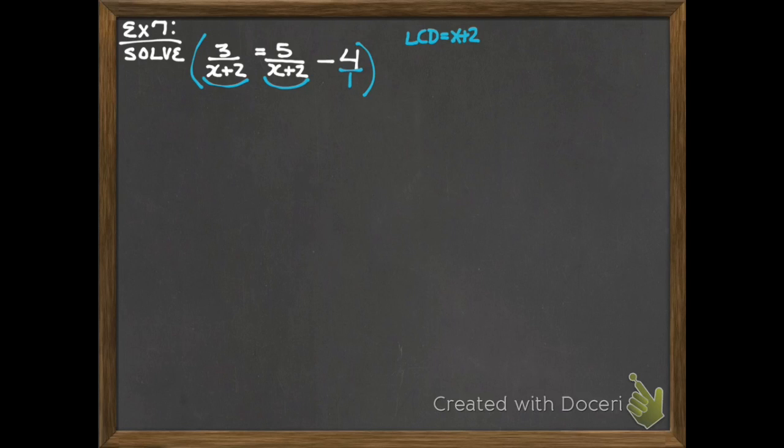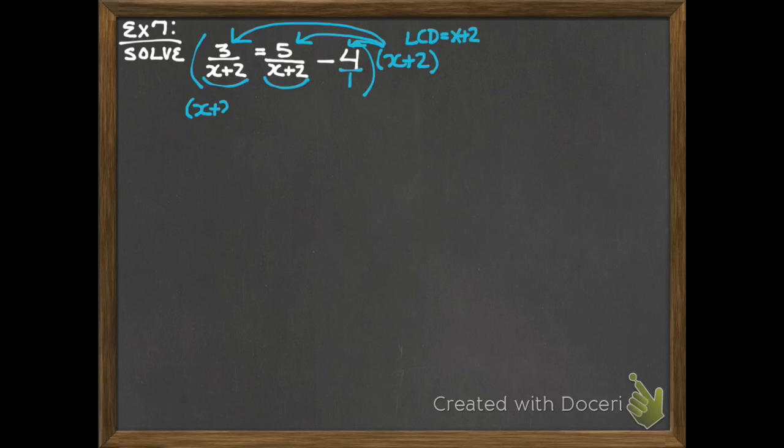So again, with my method, I just multiply both parts by this x plus 2. So I'm going to multiply the left side and then both parts of the binomial on the right side. So that gives me the x plus 2 times 3 divided by x plus 2. So I'll write it out.